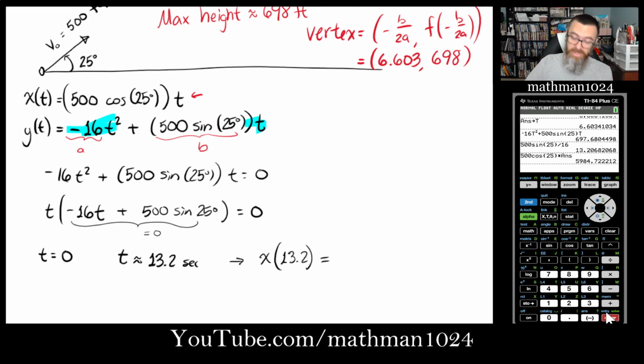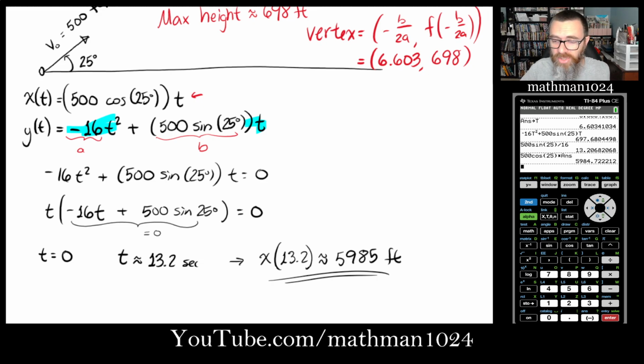Oh wow, that's a pretty big number. So this is about 5,985 feet. That's how far away that cannonball is going to hit.